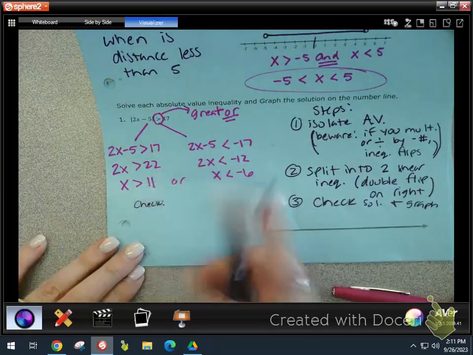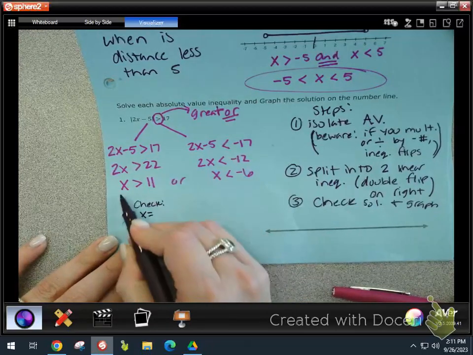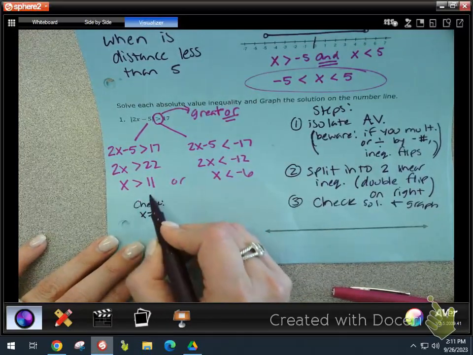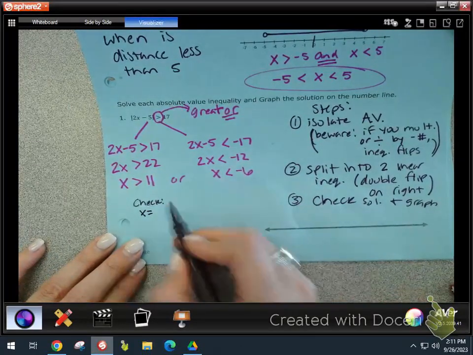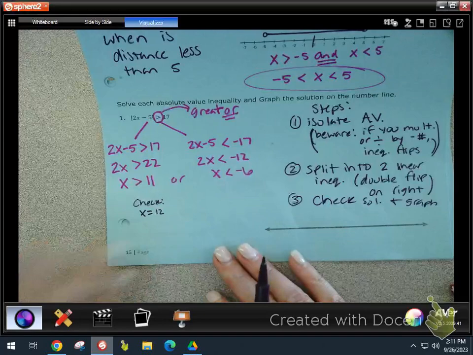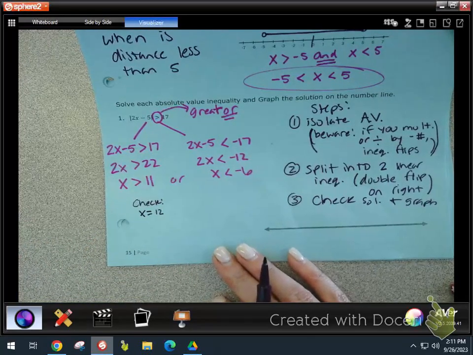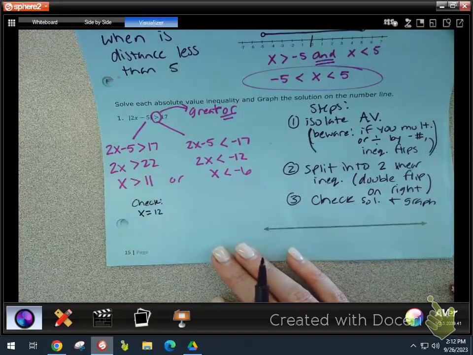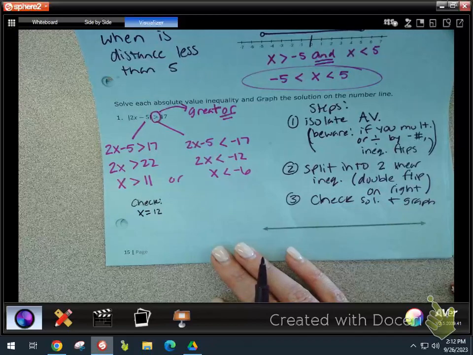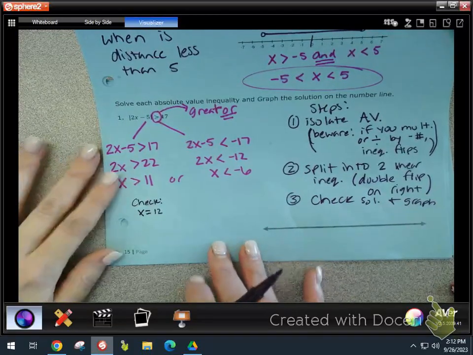Why not? 11 is not greater than 11. But what is a number that's greater than 11? 12. So we have to check with something that actually fits. What if it was greater than or equal to? Would 11 be okay then? Yeah. I usually just pick one number bigger or smaller just to be safe.